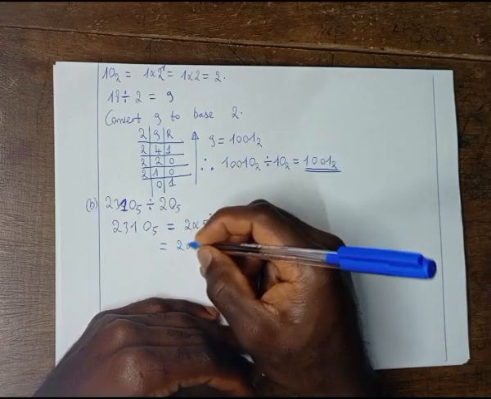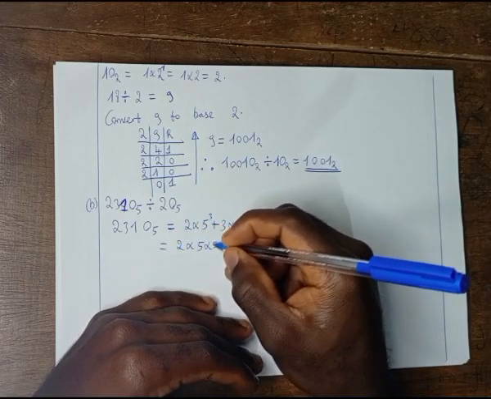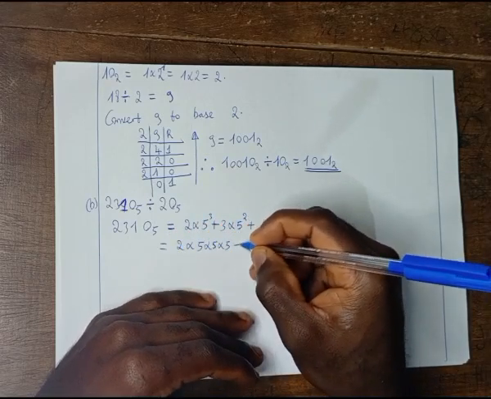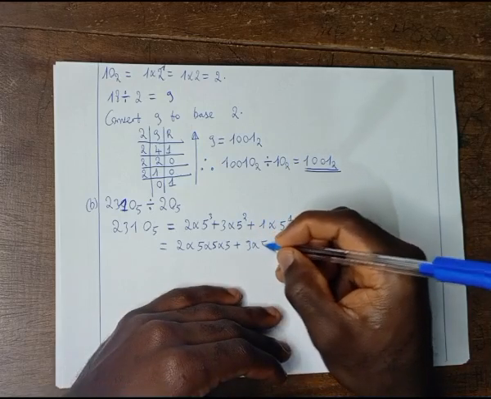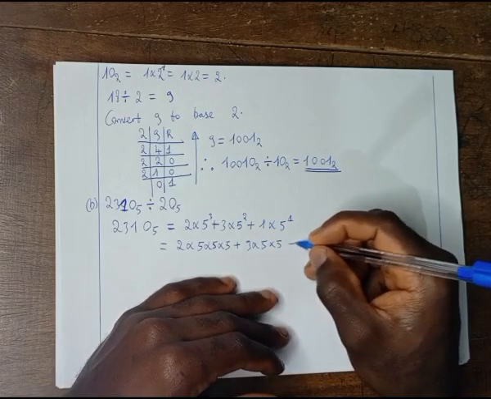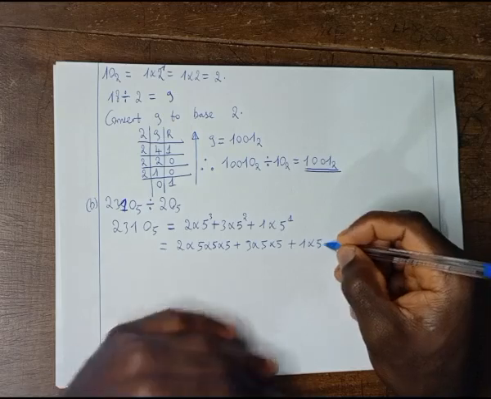This will give us 2 times 5 times 5 times 5 plus 3 times 5 times 5 plus 1 times 5.